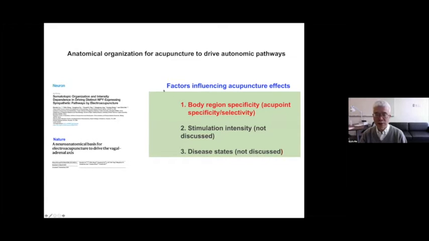Many factors can influence the acupuncture effect, including body region. There is some kind of body region specificity, which touches the core idea behind acupoint selectivity or specificity. It's also intensity dependent, which I will not talk about too much, or disease state dependent. But today I will show some of the basis behind the body region specificity.